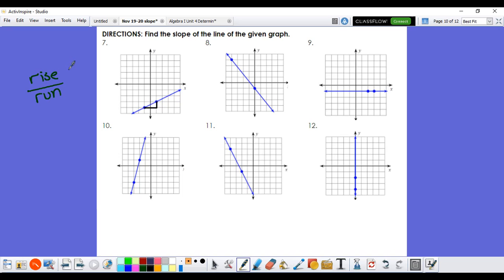The rise is the up or down part, and for the run, we want to be talking about which way we go to the right. So in this scenario, from left to right, between the 2 dots, my rise is 1 and my run is to the right 2. So the slope, according to this picture, is 1/2.